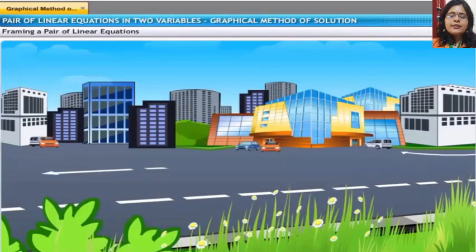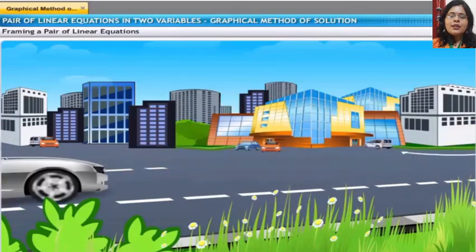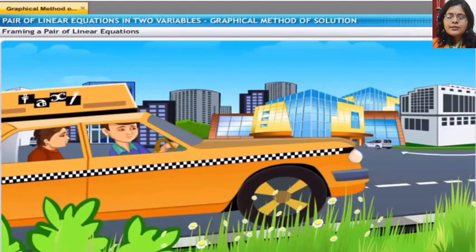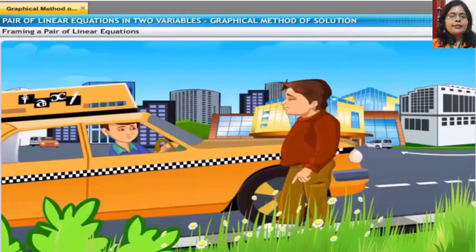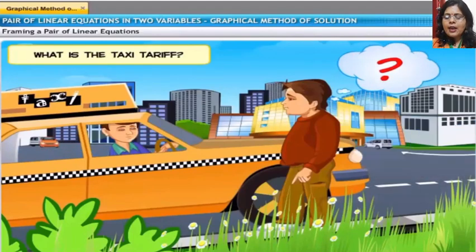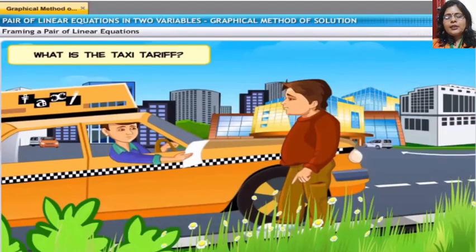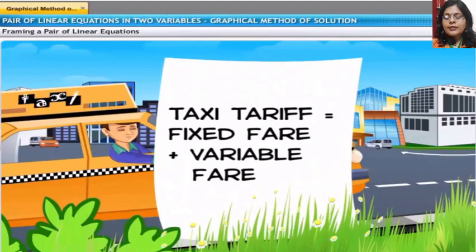Let us have one example which was given in class 9. This man is asking about the taxi fares, and this taxi driver is telling that taxi tariff is equal to fixed fare plus variable fare.